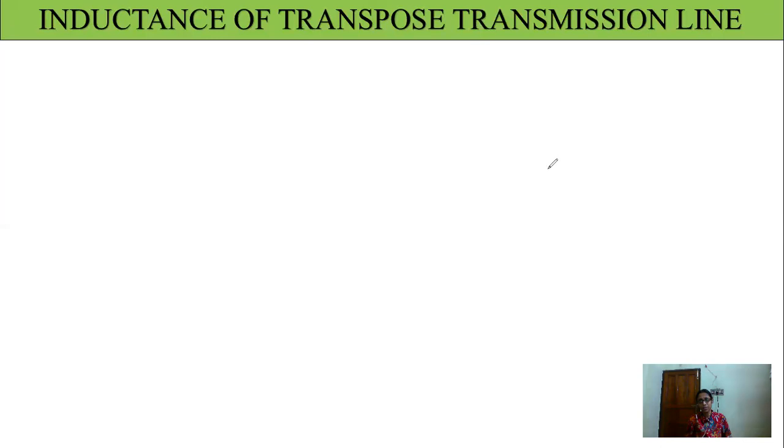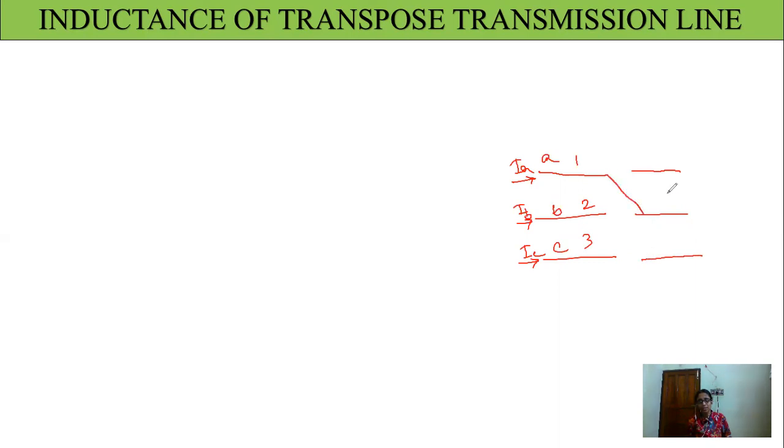Let's see here. Suppose there are three conductors, conductor A, B, and C, in positions 1, 2, and 3, and the currents flowing through them are IA, IB, IC. Then the positions of these conductors are exchanged after a regular interval along the length of the transmission line.